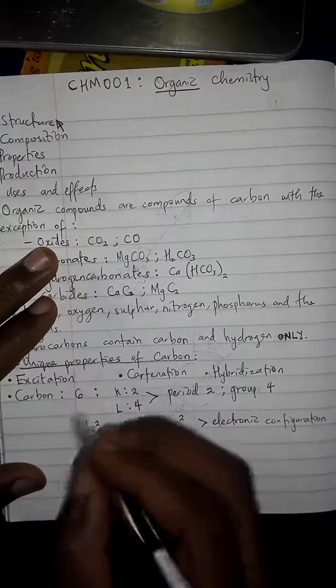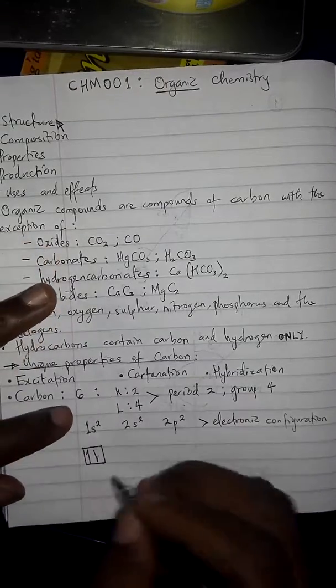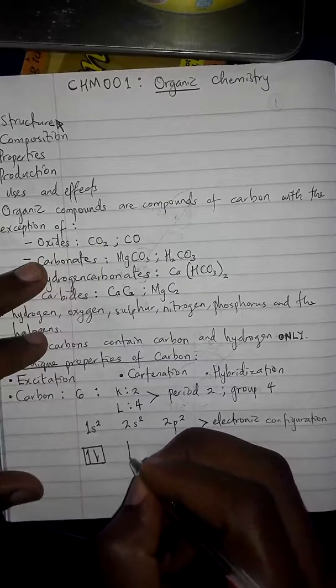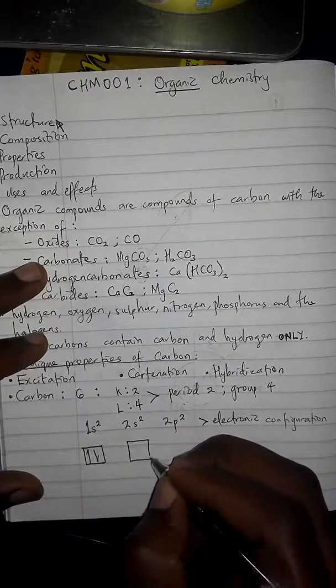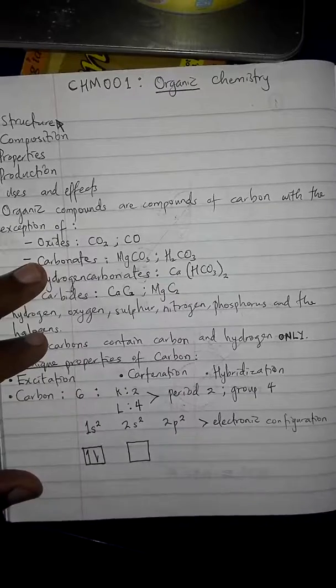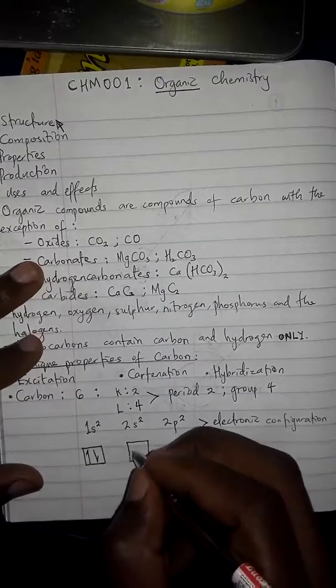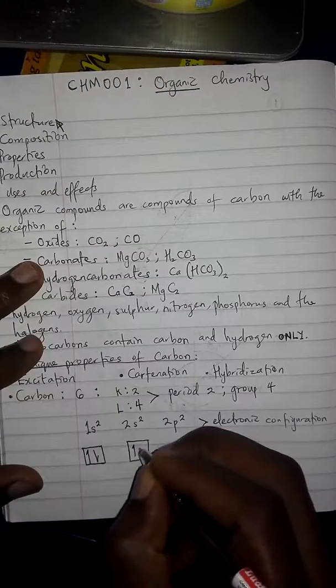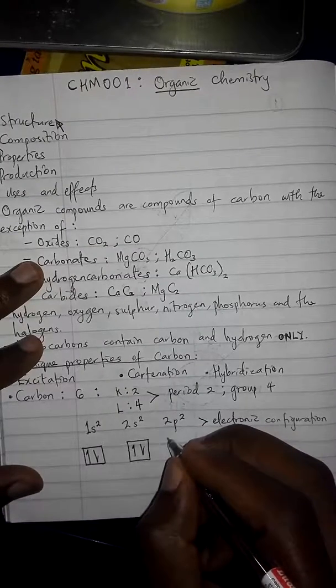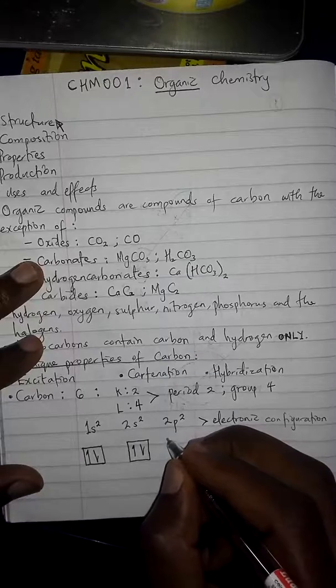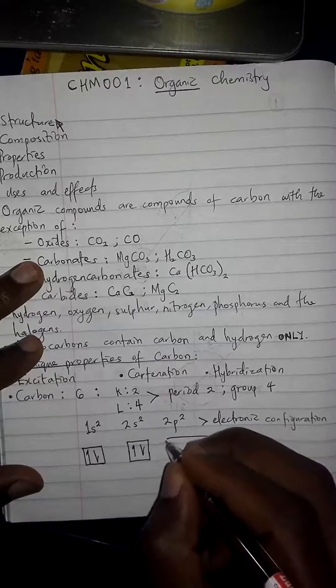So the 2 electrons are right there. In the case of 2s, it's an s orbital, so it has only one degenerate orbital, so you have just 2 electrons in there. Then the p orbitals usually have 3 degenerate orbitals.